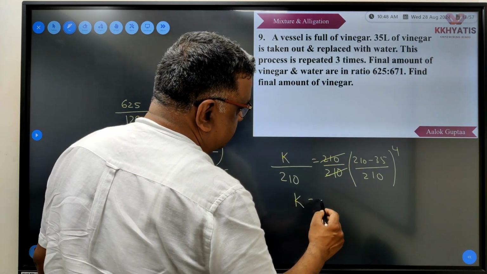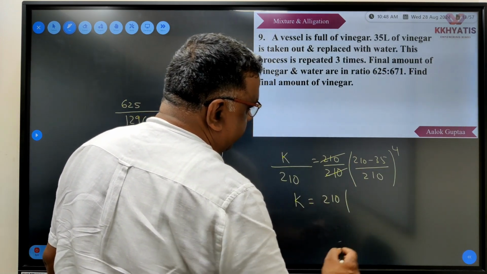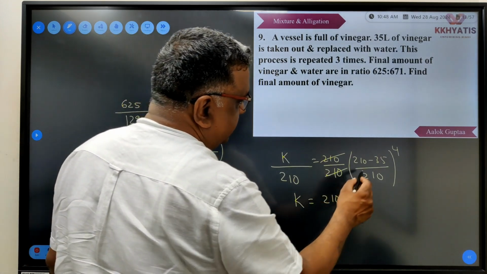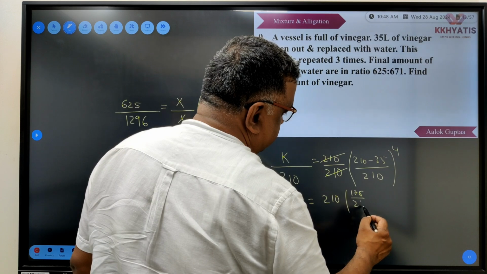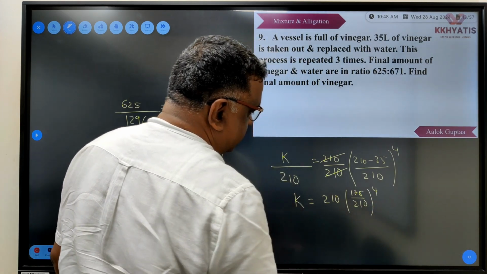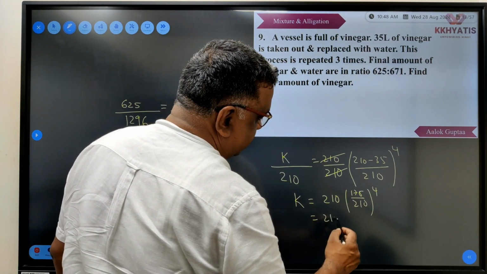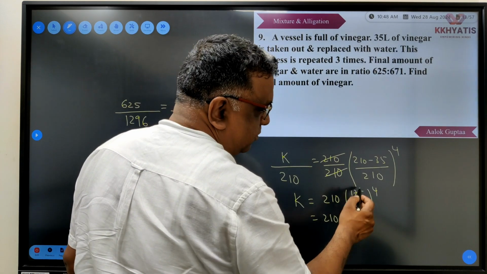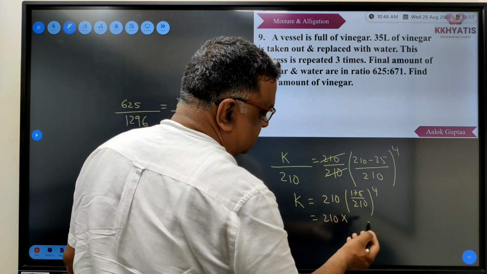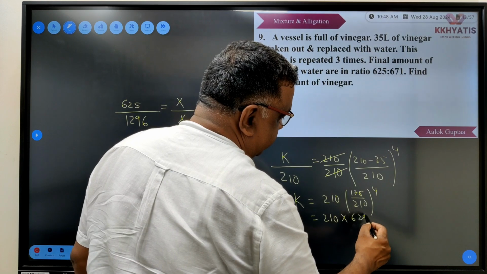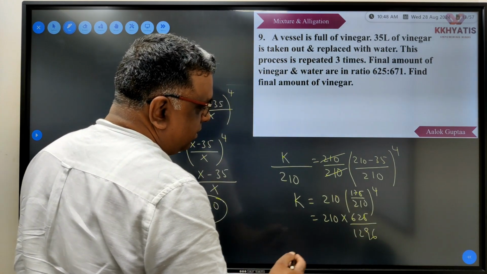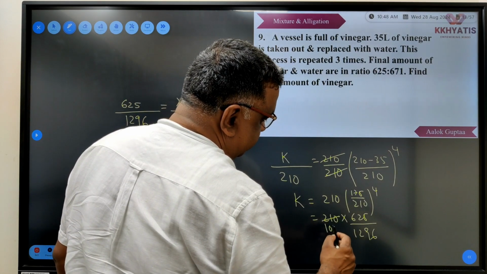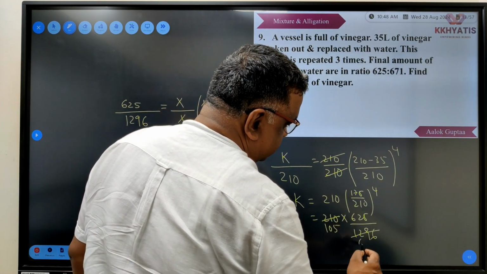So K is equal to 210 times 175 upon 210 to the power 4. So this ratio would be 5 upon 6 only. So 625 upon 1296. So this I will do as 105. This will be 648.